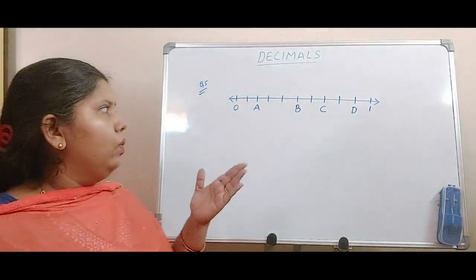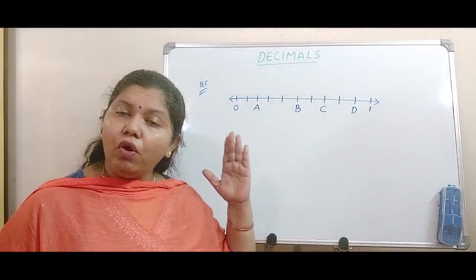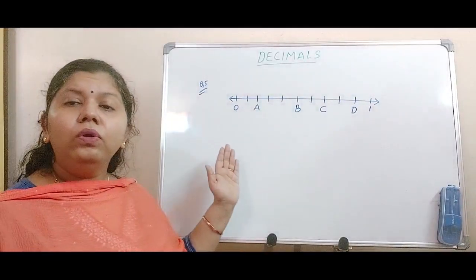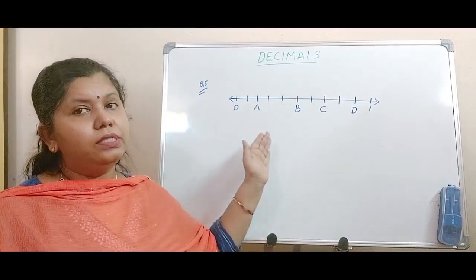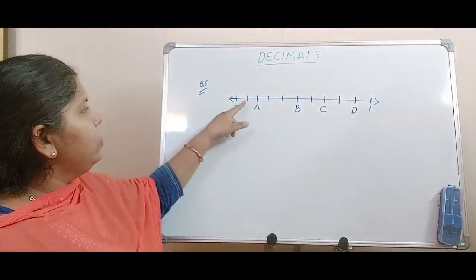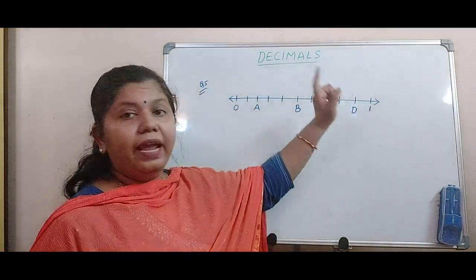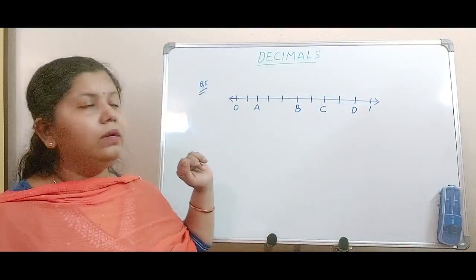Now you also have to find the denominator of the proper fraction. For that you have to understand how many divisions there are on this number line. So 1, 2, 3, 4, 5, 6, 7, 8, 9, 10. So there are a total of 10 divisions on this number line.